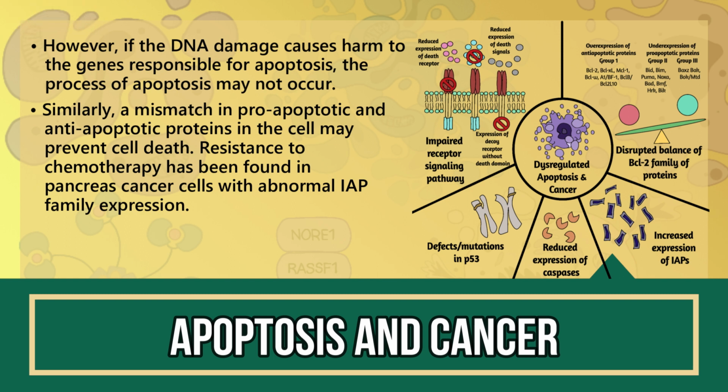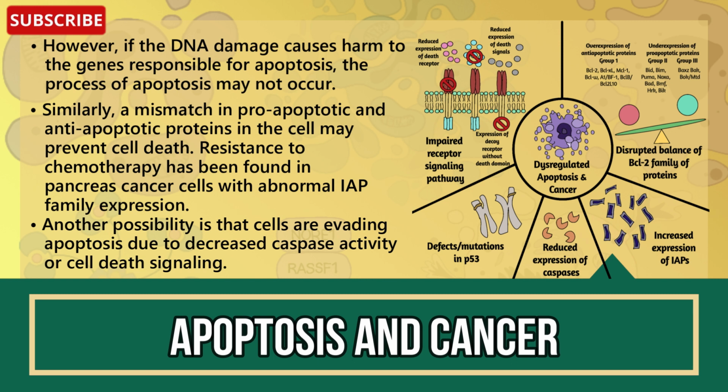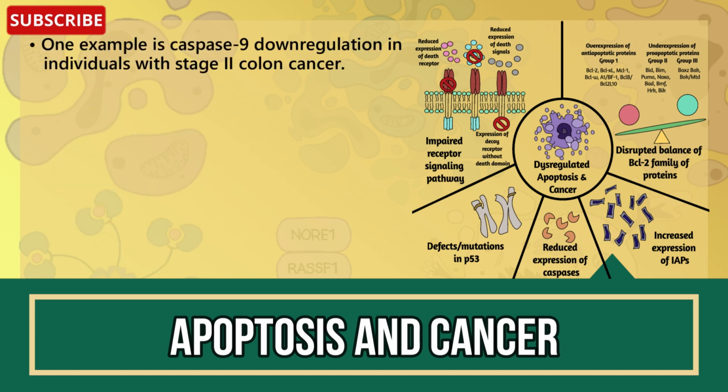Similarly, a mismatch in pro-apoptotic and anti-apoptotic proteins in the cell may prevent cell death. Resistance to chemotherapy has been found in pancreatic cancer cells with abnormal IAP family expression. Another possibility is that cells are evading apoptosis due to decreased caspase activity or cell death signaling. One example is caspase-9 downregulation in individuals with stage 2 colon cancer.